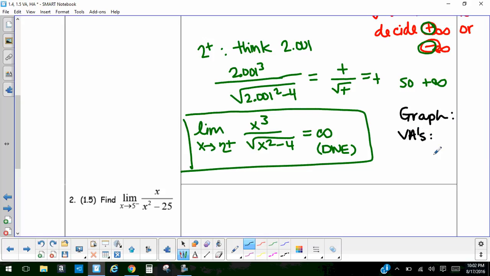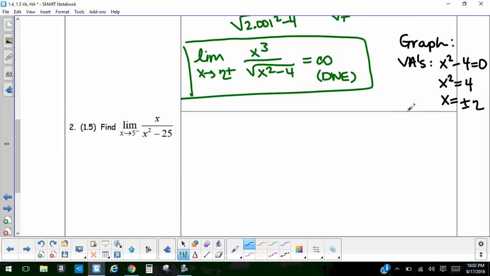Because if I have to solve with algebra, if you remember, we would always take a look at the denominators. So if I just took a look at x squared minus 4, just inside that radical, set it equal to 0, that means x squared is 4, square root both sides, x is plus and minus 2. So I would have vertical asymptotes at 2 and negative 2.